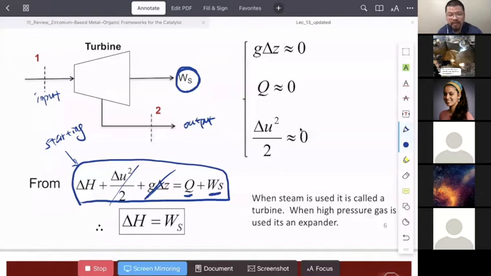So for the ideal condition, we try to minimize the other type of heat exchange, so that we force this to be the so-called adiabatic. If you try to think about the Carnot cycle, we have two isothermal processes. We have two adiabatic processes. So the turbine is one of the adiabatic processes.